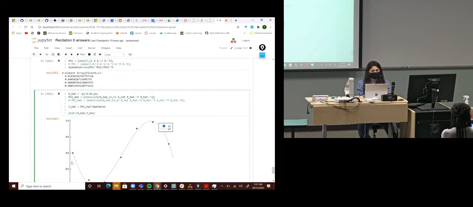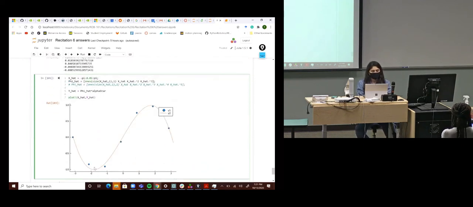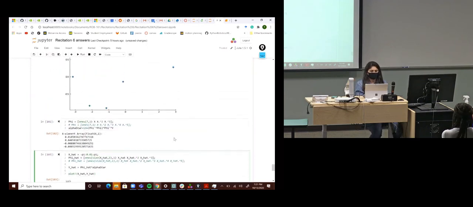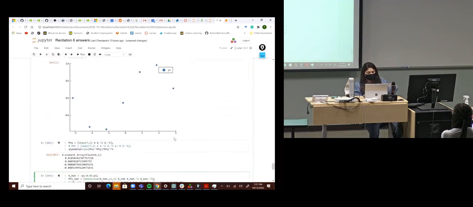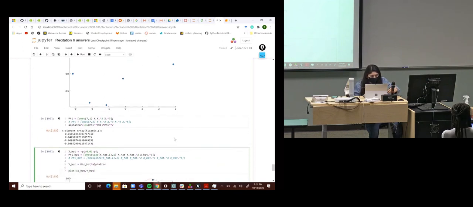I plot it, and voila, I have an approximate fit of what is a sine function using just a 3-degree polynomial. So it is 1 plus c1 times x plus c2 times x squared plus c3 times x cubed. Oh, it runs. Amazing.